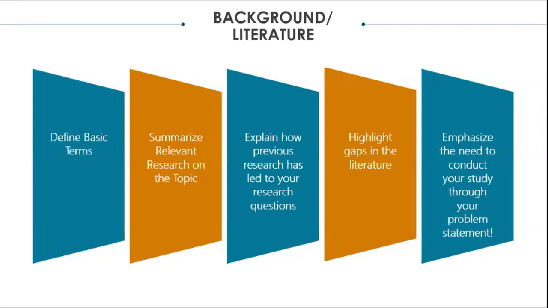So, what do we already know about this topic that has led you to believe that additional research is needed? And then through that, you're going to be highlighting the need for your study. So you're explaining, this is what's been done, this is what has not been done. And because of all of that, I need to do this study to further understand XYZ.